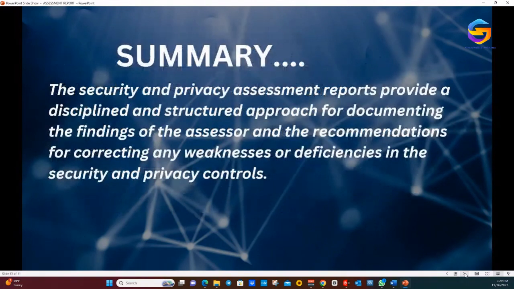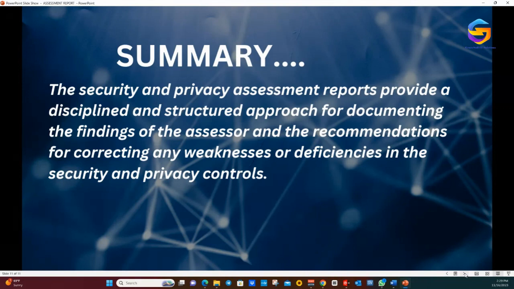So in summary, all that we are saying is that the security and privacy assessment report provides a disciplined and structured approach for documenting the findings of the assessor and the recommendations for correcting any weakness or deficiencies in the security and privacy control.